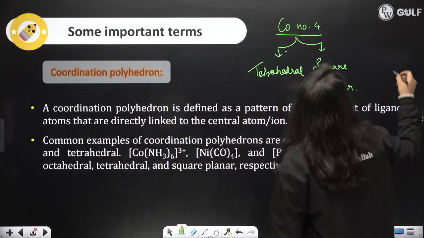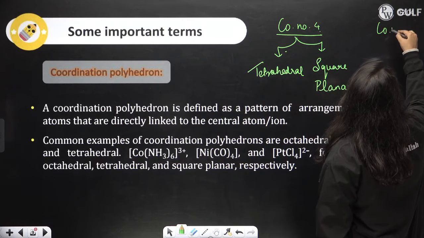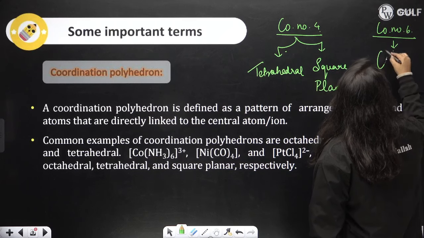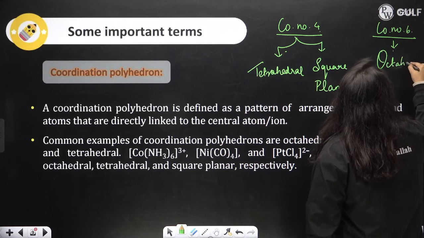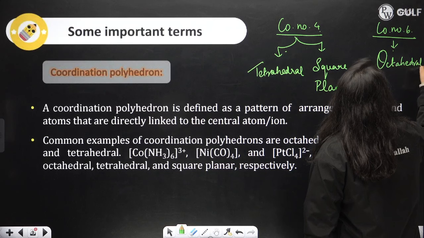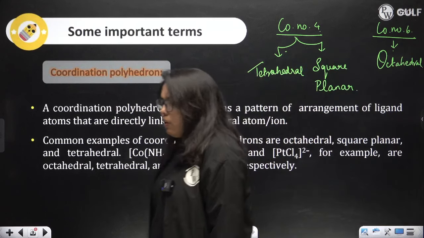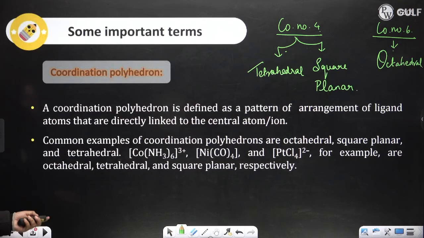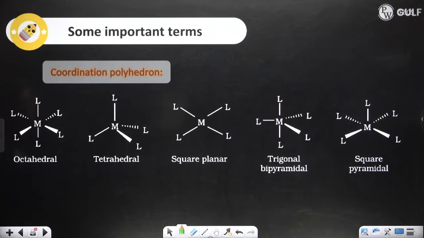And when the coordination number is 6, there is just one geometry present, which is octahedral, as you can see over here. Have a look.